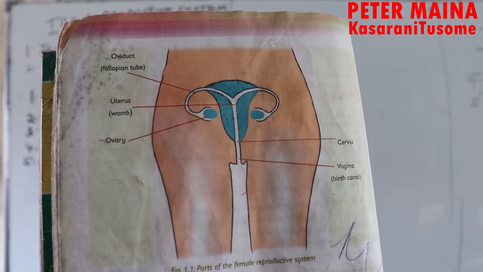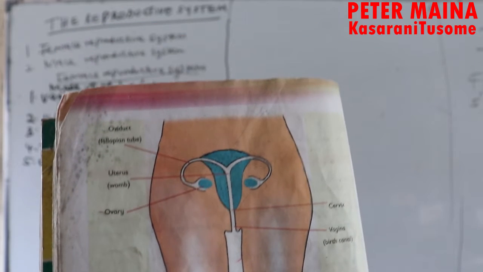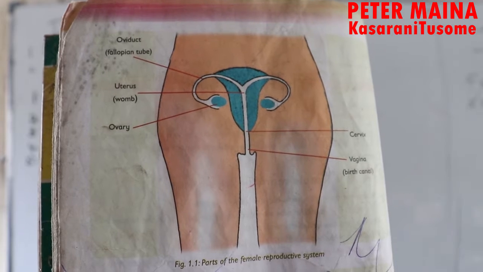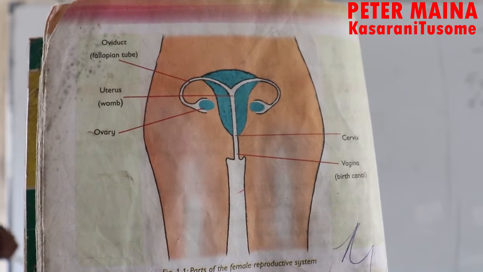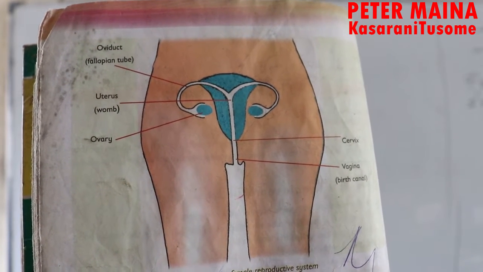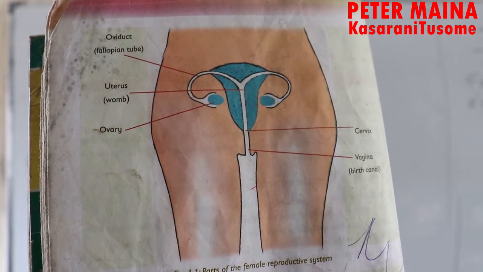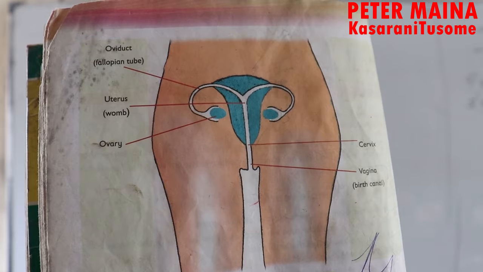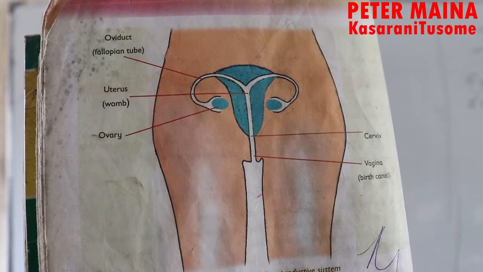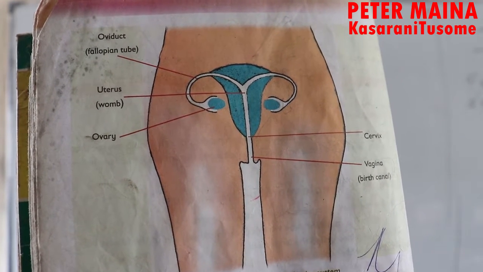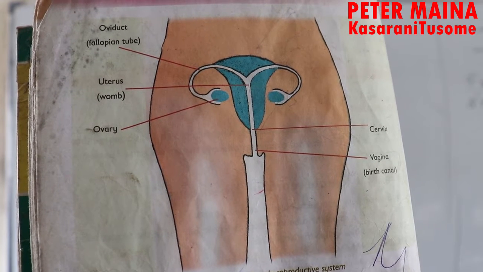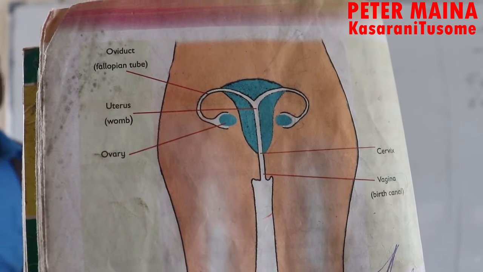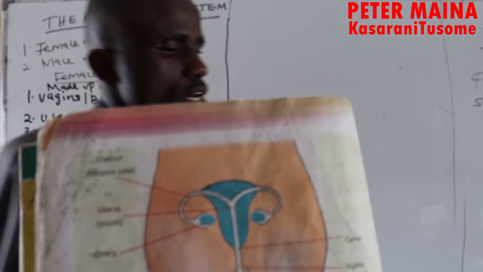The ovaries produce the ova, which travel through the fallopian tube, also called the oviduct, to the womb or uterus, and then the baby develops. Upon birth, the fetus will come out through the cervix, then to the vagina.